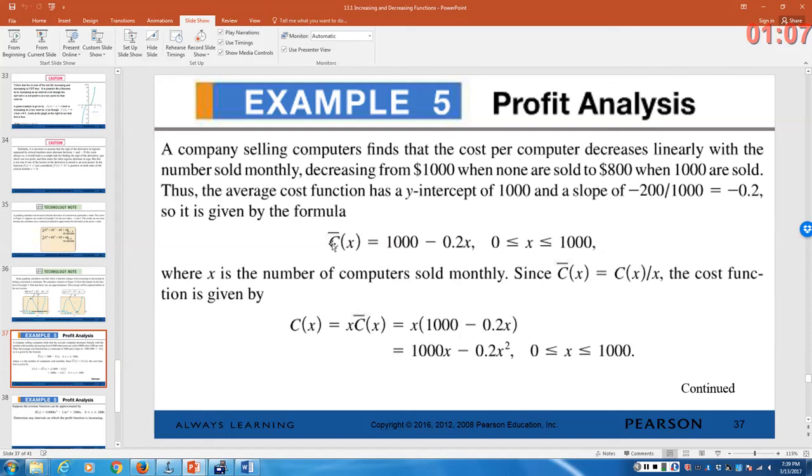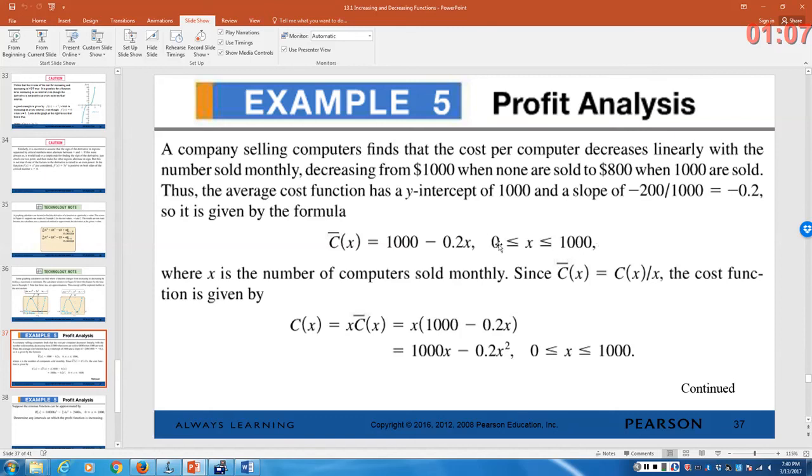This average cost function, you don't have to divide by x because that is the average cost function. That was what it was telling you to start with. So you don't have to find it on this one. Sometimes you have to actually divide the function by x to find it, but on this one it comes out of the problem. And the thing to remember is this is only good as long as x is between 0 and 1,000.